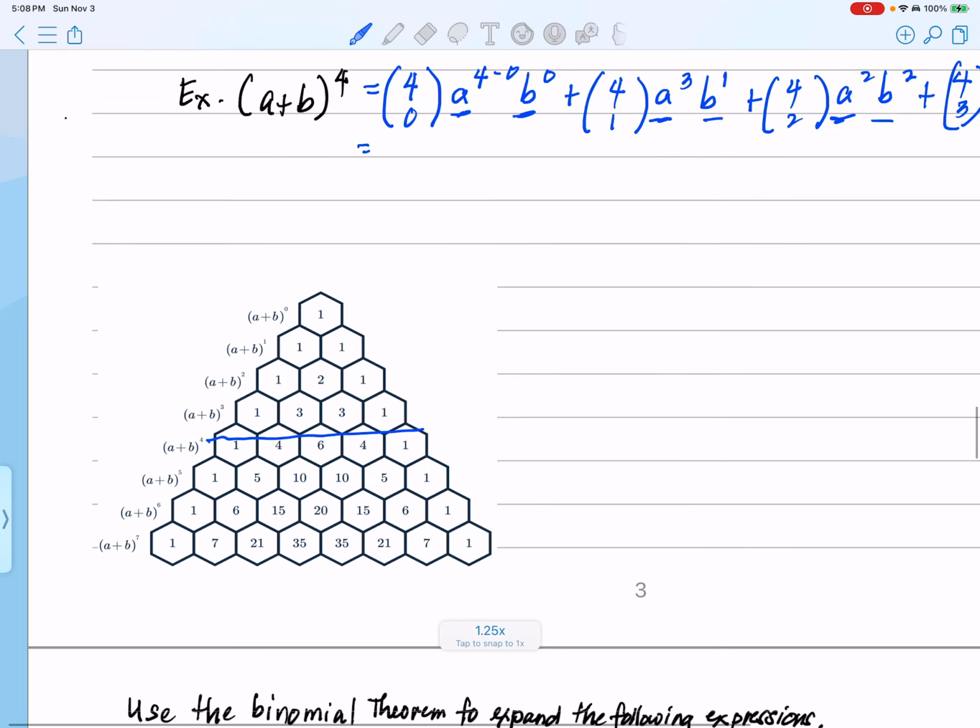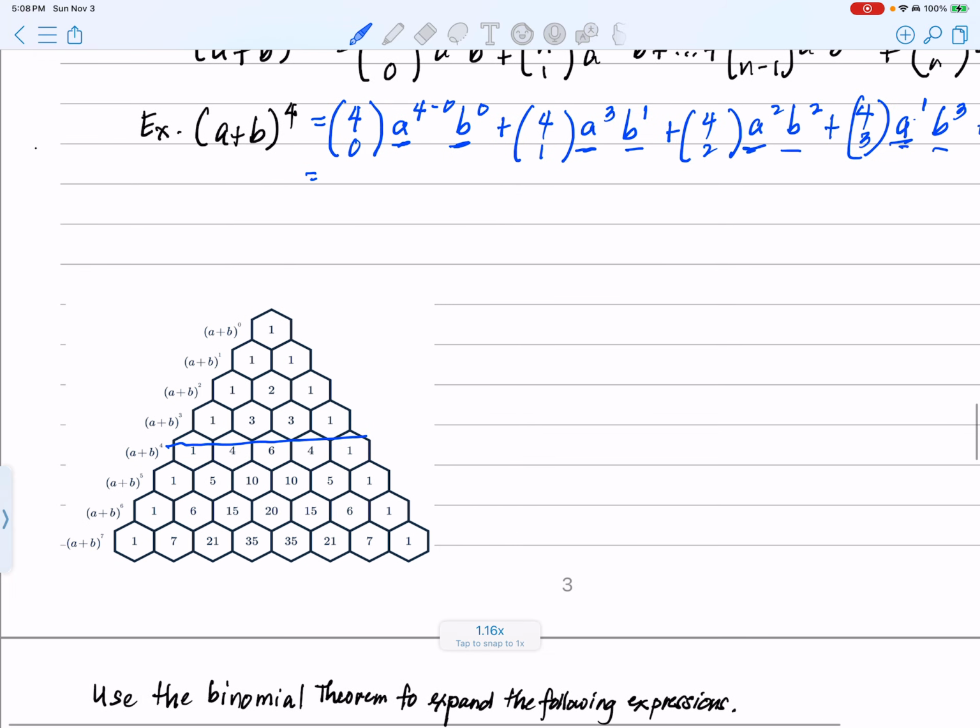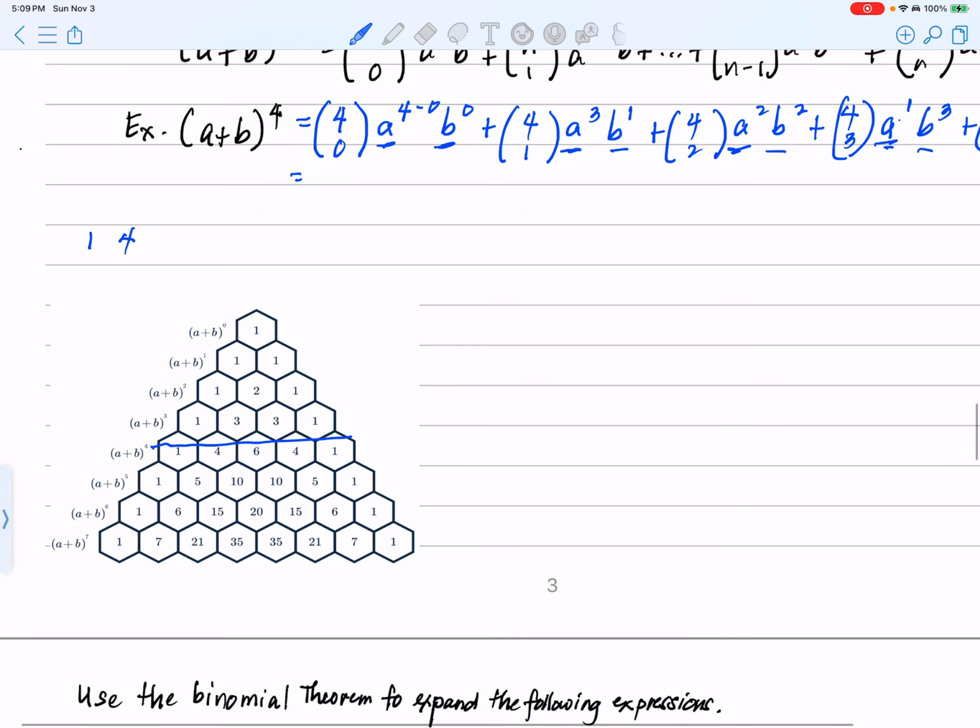So I know that this will stand for the coefficients. So I have 1, 4, 6, 4, 1.